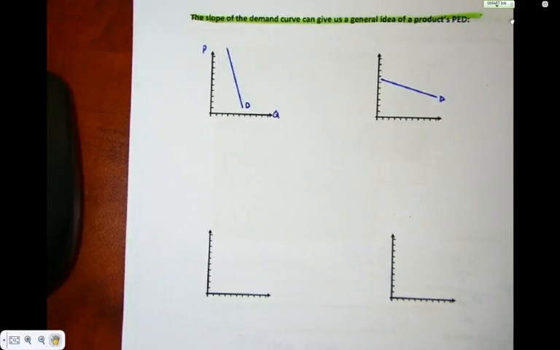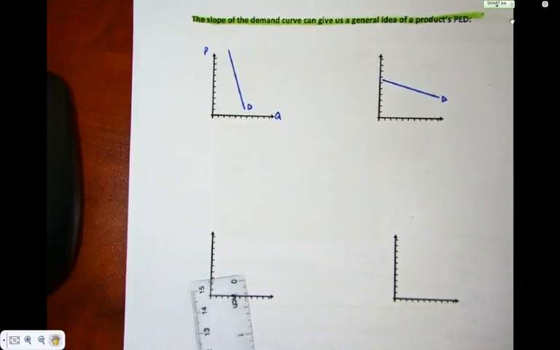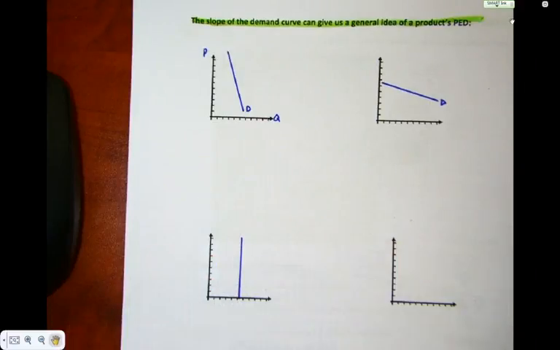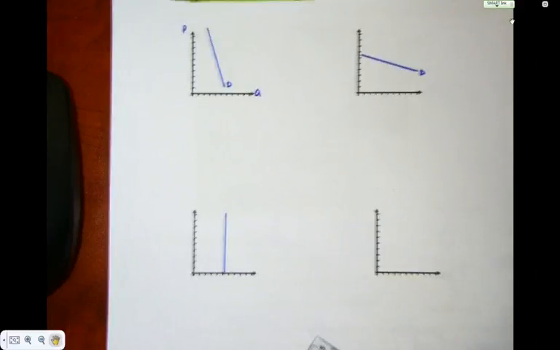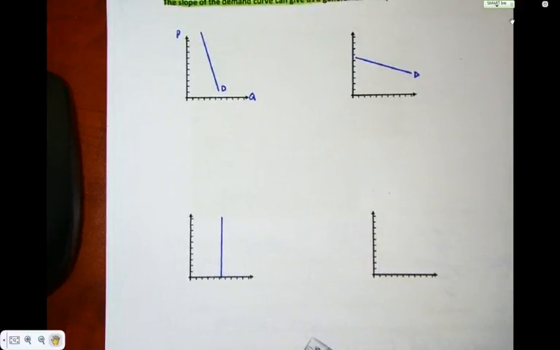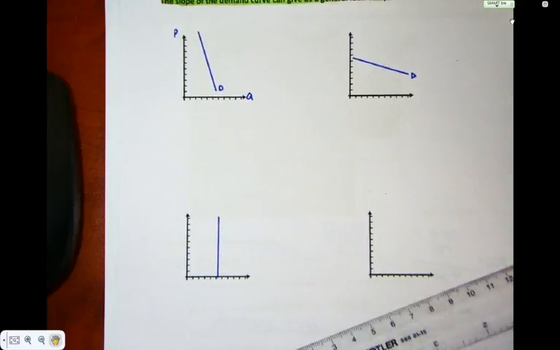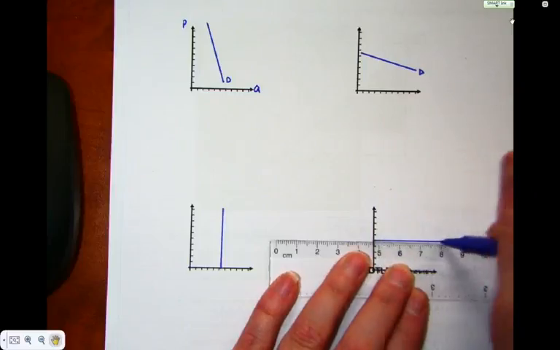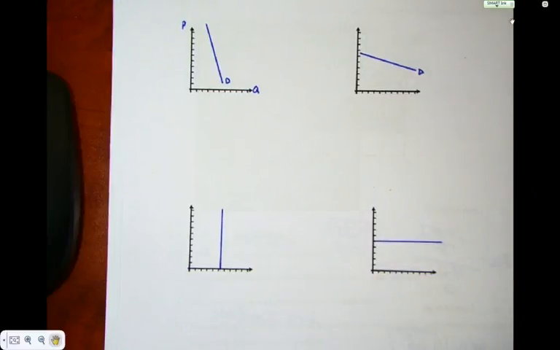What are the other two kinds? Yeah, what do we call that? What kind of line? Yes. It's a vertical demand curve. Which we would call horizontal demand curve. And I'll leave the fifth one because we're going to do that with unit elastic. I'll come back in a second.